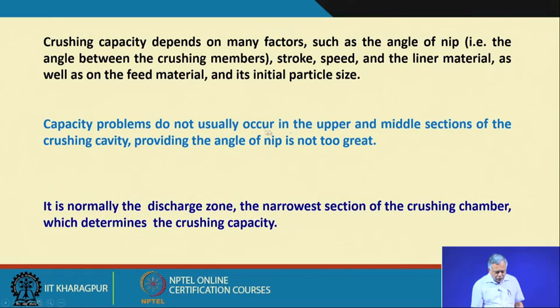Capacity problems do not usually occur in the upper and middle sections of the crushing cavity, provided the angle of nip is not too great. Remember that ultimately what controls the capacity is the rate at which material goes out of the crusher. When particles are broken to relatively finer sizes, because of orientation problems they may lock to each other and may not go out through the discharge.